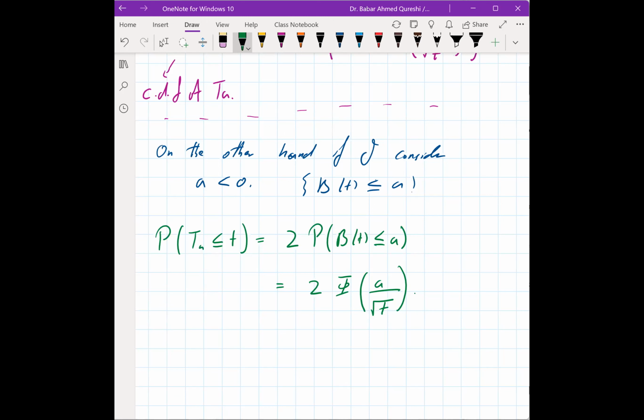But since the CDF of the normal phi is symmetric, if this is A, if this is phi of A, then if I look at minus A over here, this area is same as this area because of symmetry.